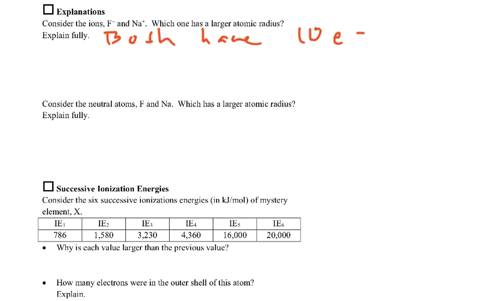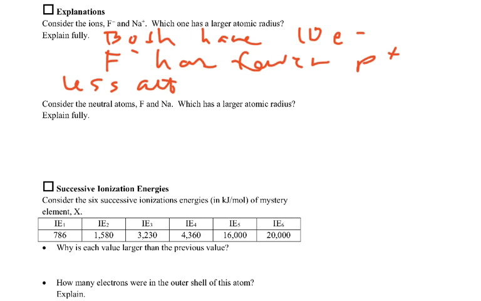They have the same number of electrons, but fluoride has fewer protons. It has 9 protons, whereas sodium has 11 protons. So there's going to be less attraction, and therefore a larger size.